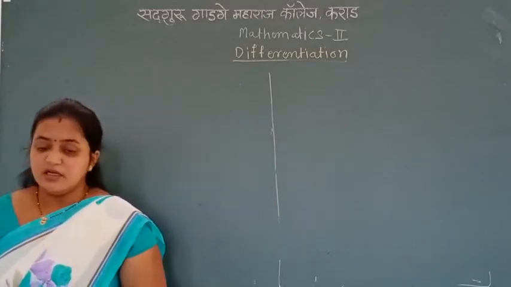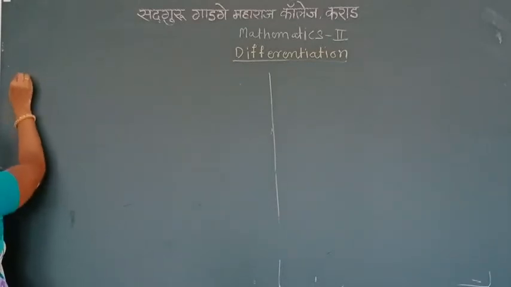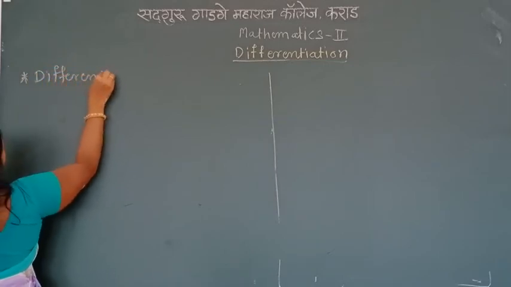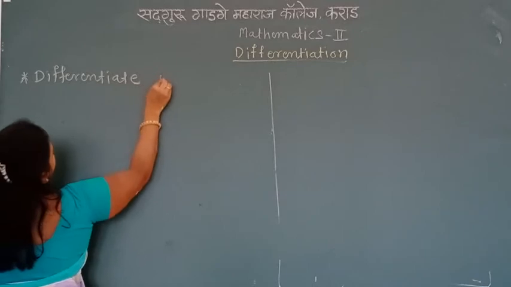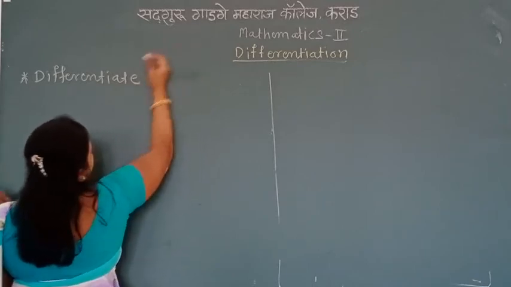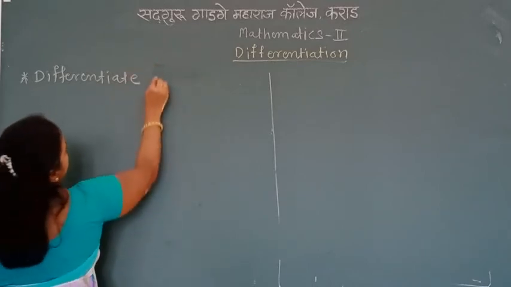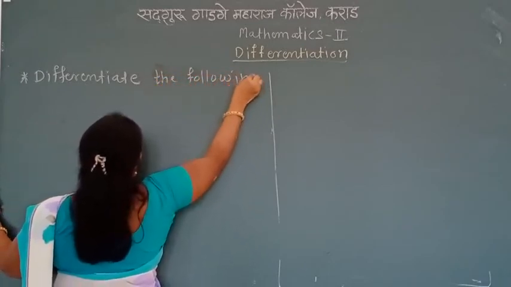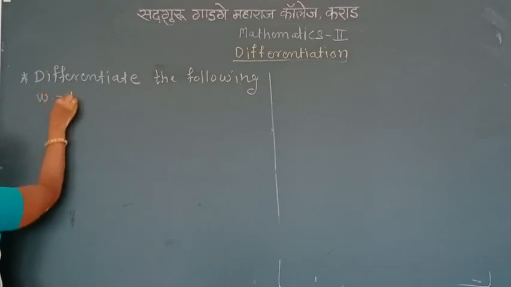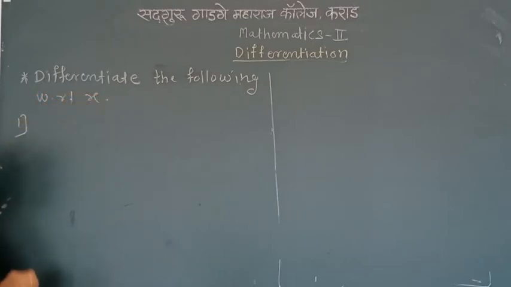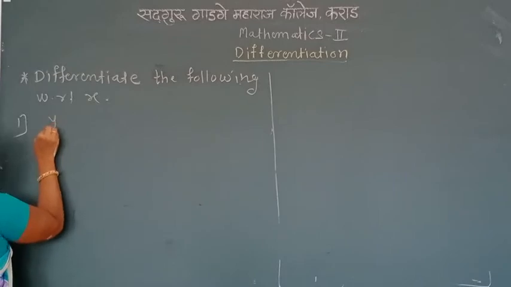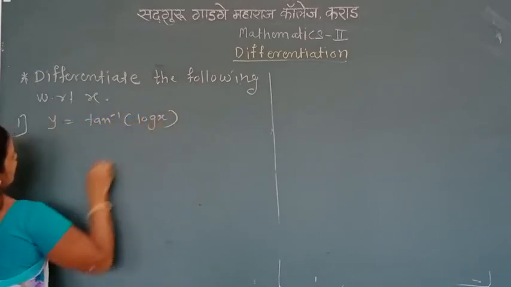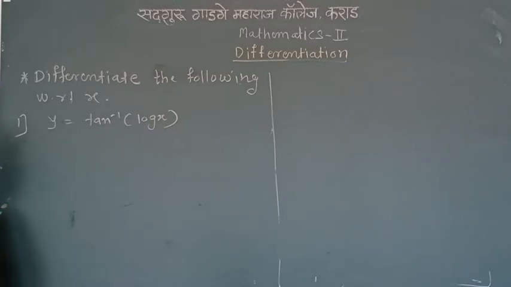First example, differentiate the following function with respect to x. So my first function y is equal to tan inverse of log of x. Okay, tan inverse of log of x.